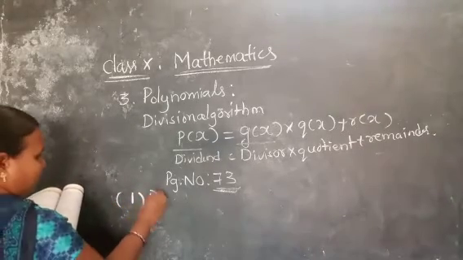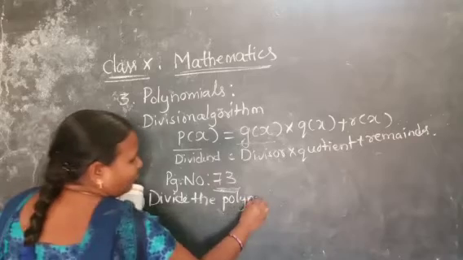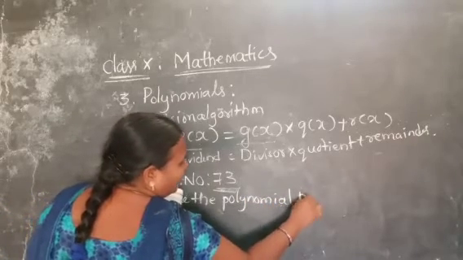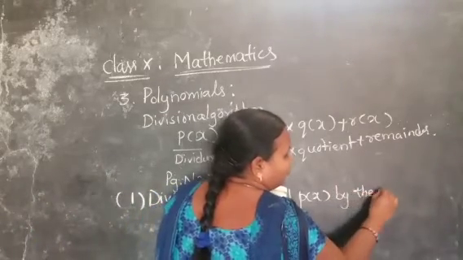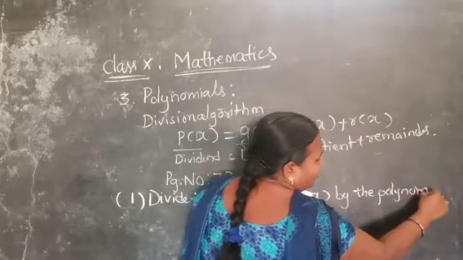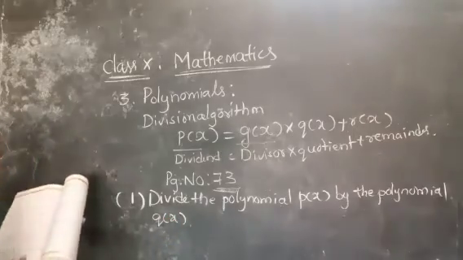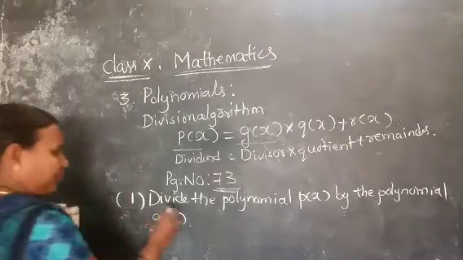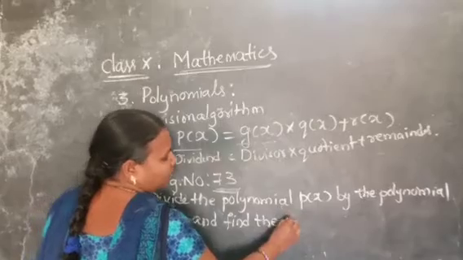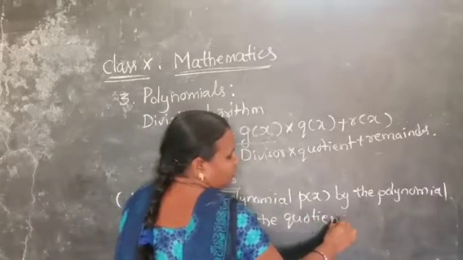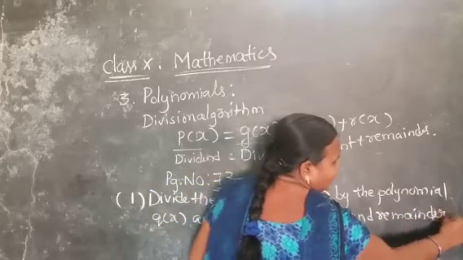Divide the polynomial P of x by the polynomial G of x, and find the quotient and remainder. This is our question.